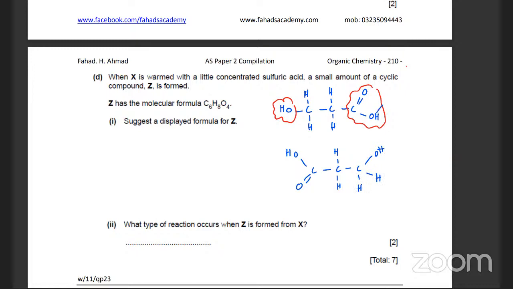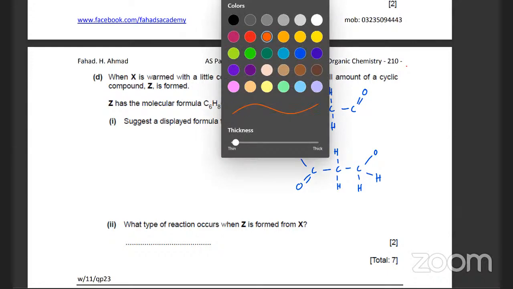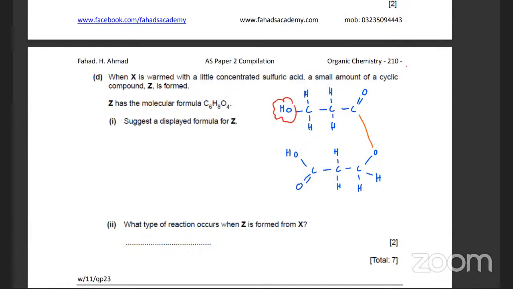What will happen is that the OH is lost and the H is lost, and an ester link would be formed between them. Remember, this was an alcohol, this was a carboxylic acid, the OH is lost, the H is lost, and a water molecule is formed.